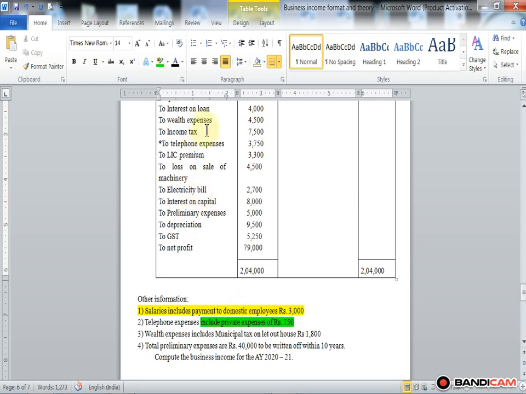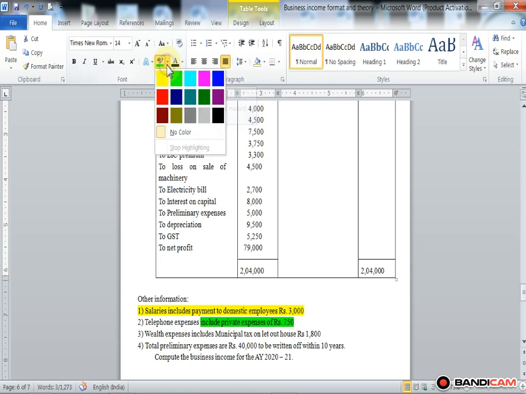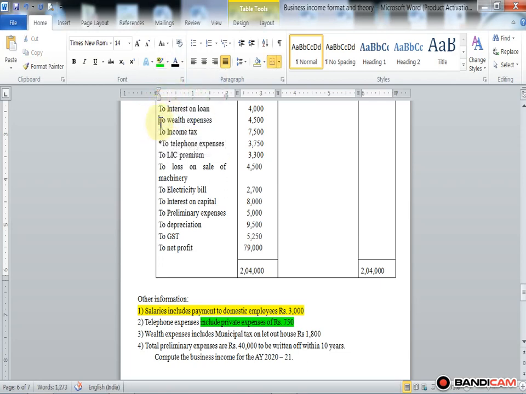Then wealth expenses. All wealth expenses or wealth tax are disallowed, that is, wealth tax for the owner's property, or the owner's property expenses. So all the wealth tax is disallowed.